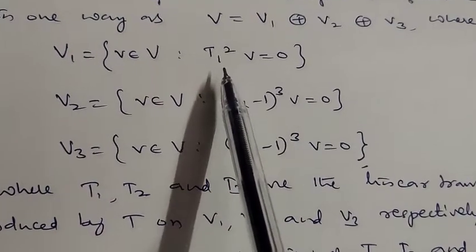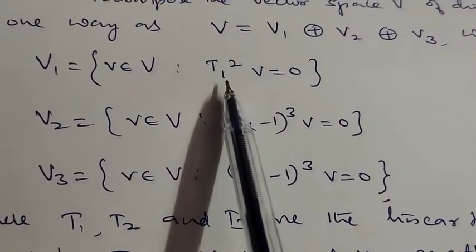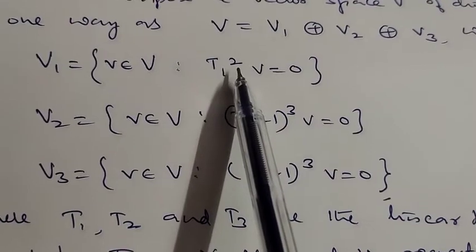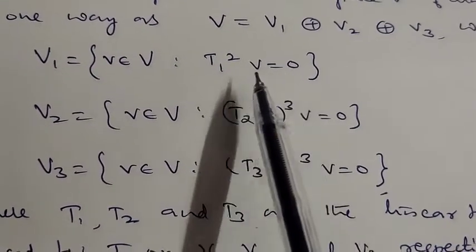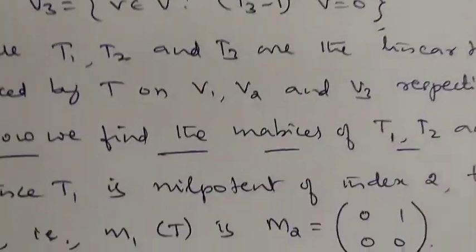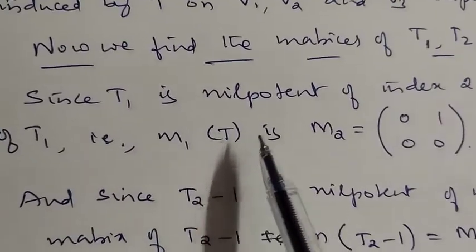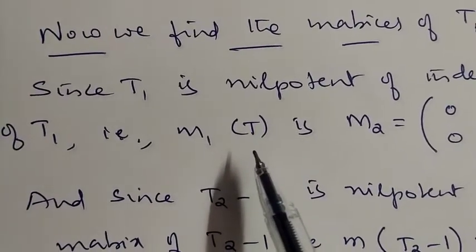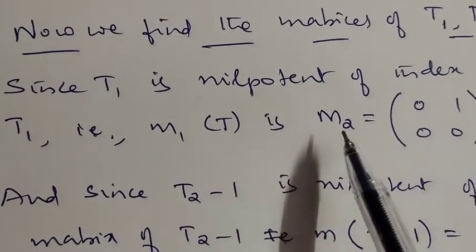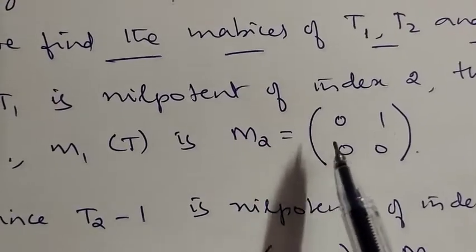Now see here, what is T1? T1 is a nilpotent transformation of index 2, because T1 squared is 0. Therefore the matrix of T1 is the standard nilpotent matrix of order 2, M2, which is 0, 1, 0, 0.